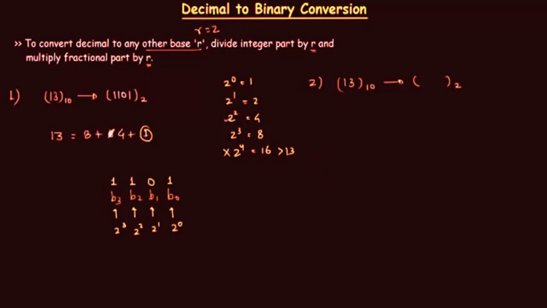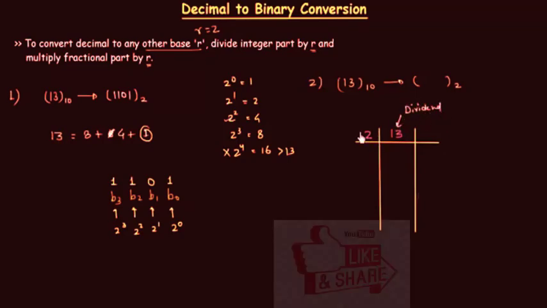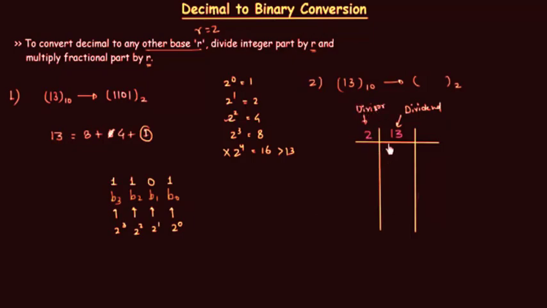So we will do this quickly. 13 is the dividend and 2 is the divisor. When we divide 13 by 2, we have 6 and the remainder is 1. Now 6 is the quotient and 1 is the remainder.